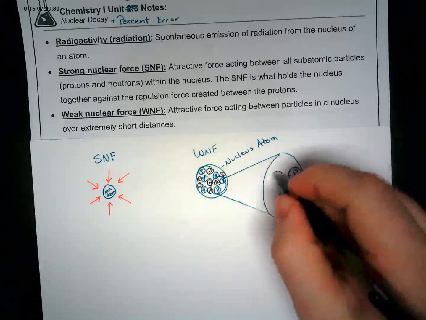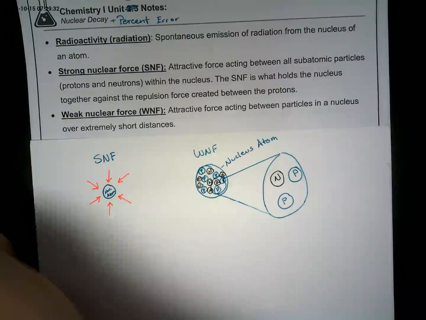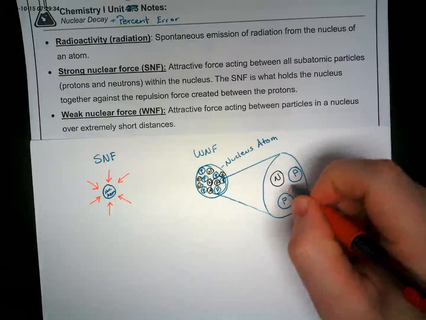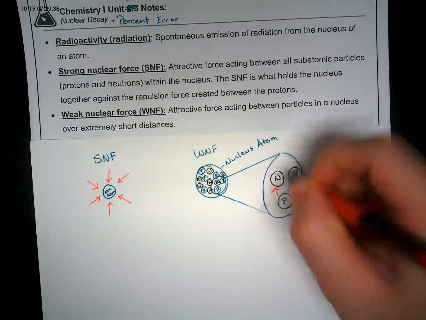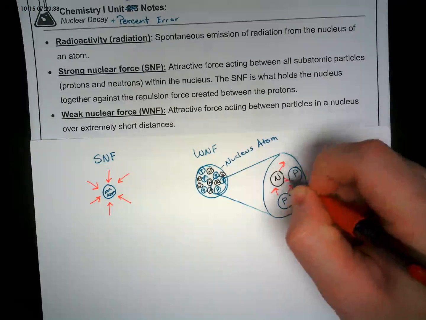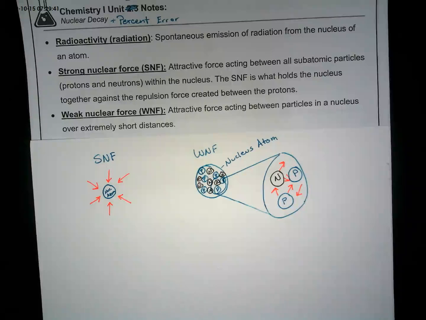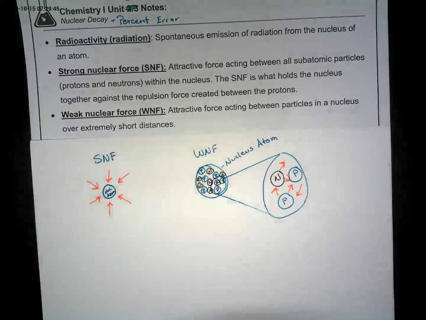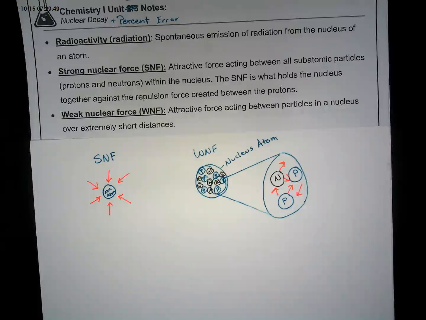The weak nuclear force is going to be the attractive forces like in here. It's the forces found within your nucleus that are pushing and pulling together the different subatomic particles, kind of keeping them together inside.